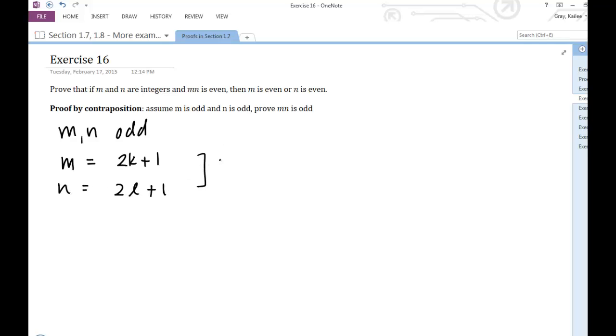So I'm going to use the definition of odd integers here. And that's a lot of what we're doing in this section. We're just applying the definitions of even and odd integers, or applying definitions of rational and irrational numbers, using some different properties of integers and real numbers, and doing some algebraic manipulation, okay?